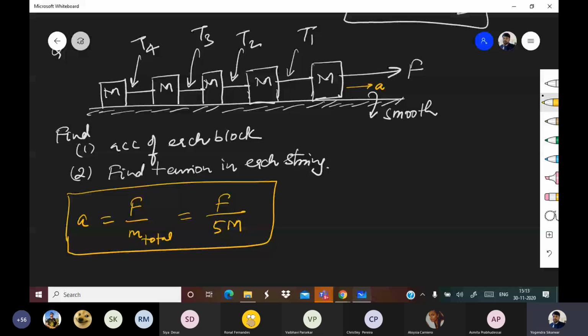All right. Now let's talk about T3. If you are cutting from here, T3 is causing the motion of the last two blocks.